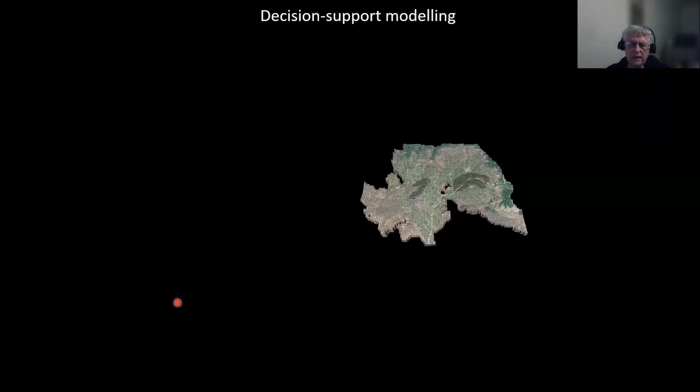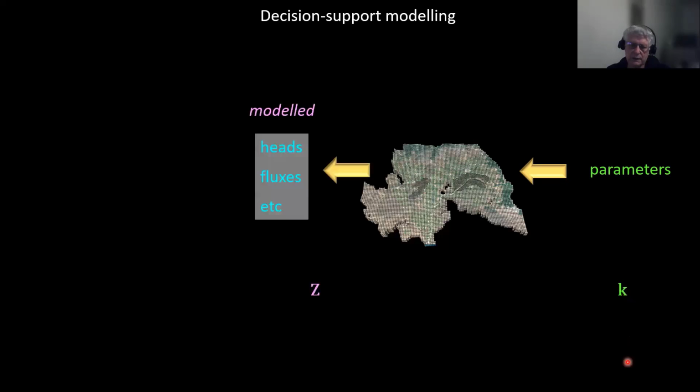So here's our situation as groundwater modelers. We're going to build a model. And that model's got parameters. It's got a big vector K full of parameters. We're going to use that model to calculate things, heads, fluxes. You're going to make a big approximation.